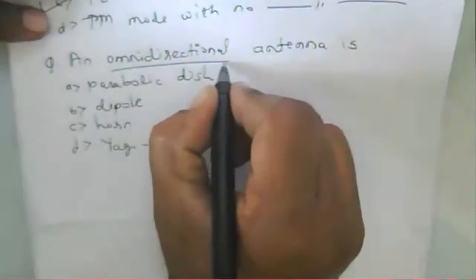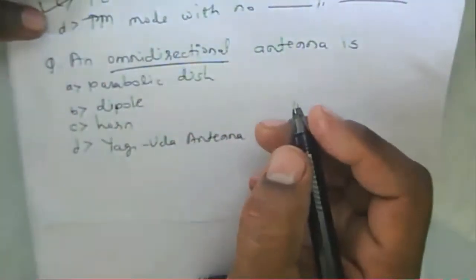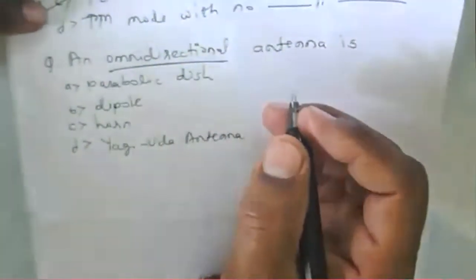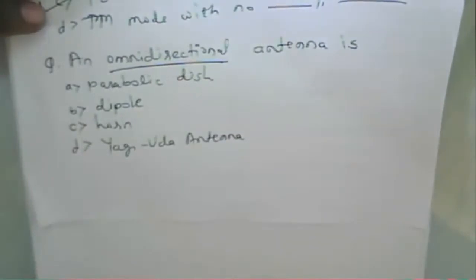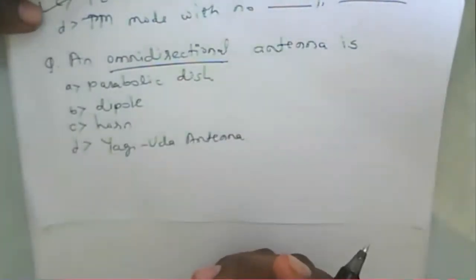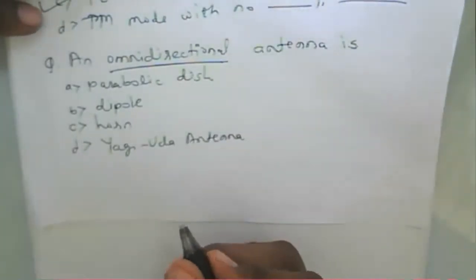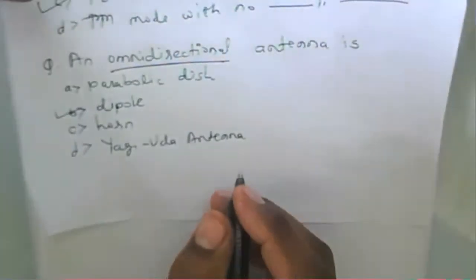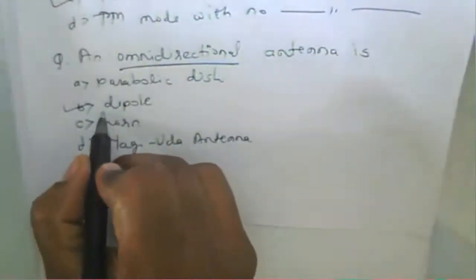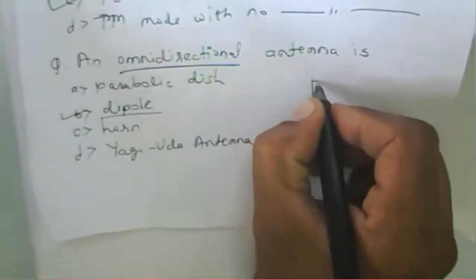What is the answer for this omnidirectional antenna? We can say it is about the radiation pattern being omnidirectional. Omnidirectional means what? Radiating the power in all directions in one plane. Answer is B, correct. It radiates the signal in all directions in one plane.